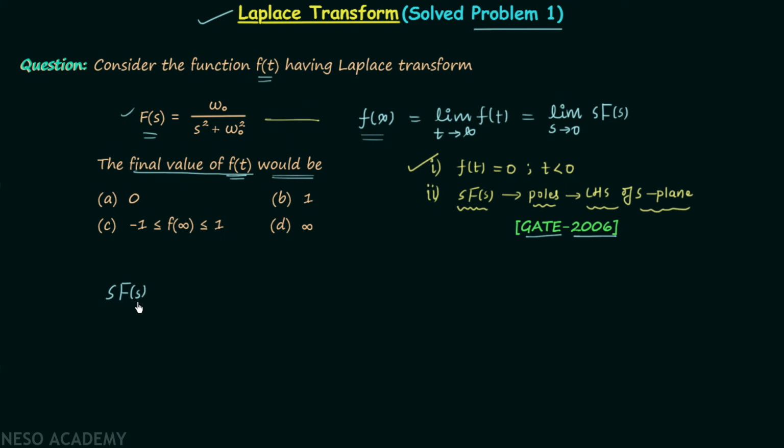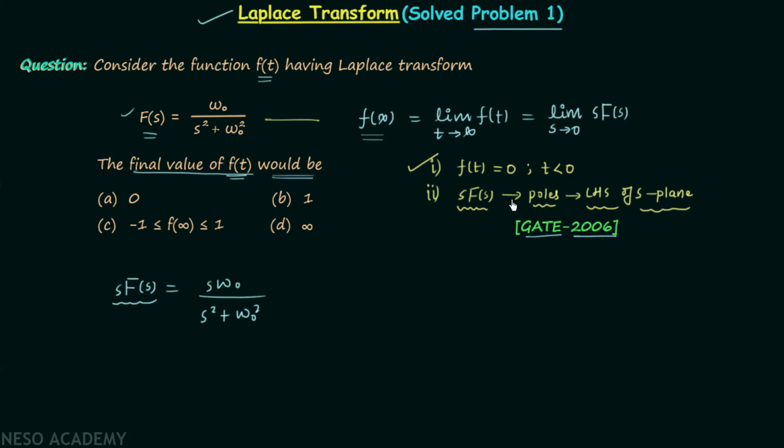To calculate sF(s), we will simply write down the Laplace transform F(s). It is given in the question that it is equal to omega naught over s square plus omega naught square. Now we will multiply s on both the sides, and in this way we have s omega naught over s square plus omega naught square as the value of sF(s).